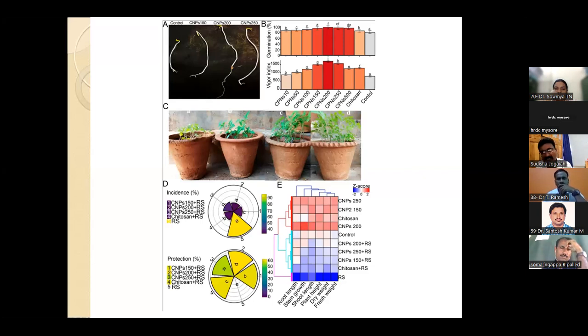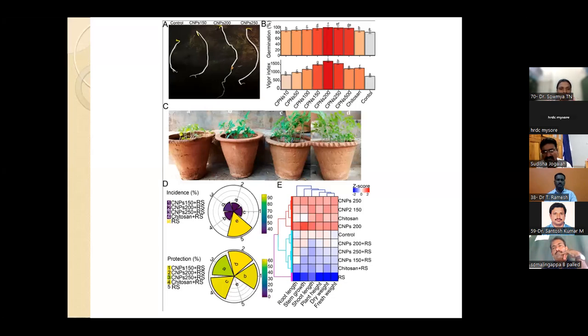And this protection was very stable, and we have tested its various mechanisms, starting from the cellular, then the enzymatic activity, then the molecular transcriptome activity. We found a good number of genes upregulated, mainly corresponding to resistance as well as reduction in the pathogenicity, that is, the virulence of the pathogen.